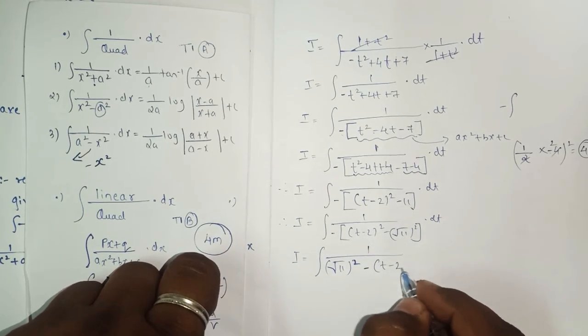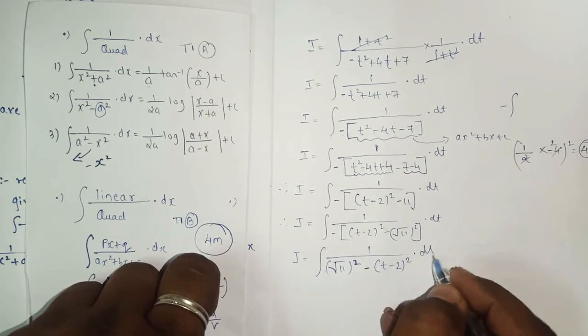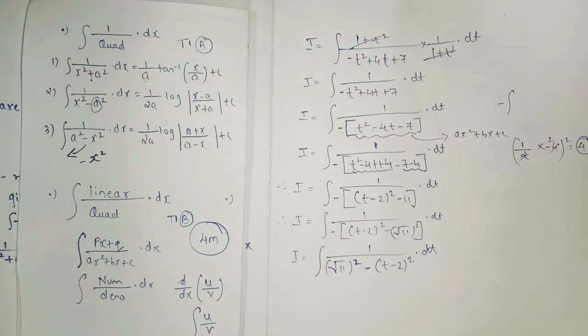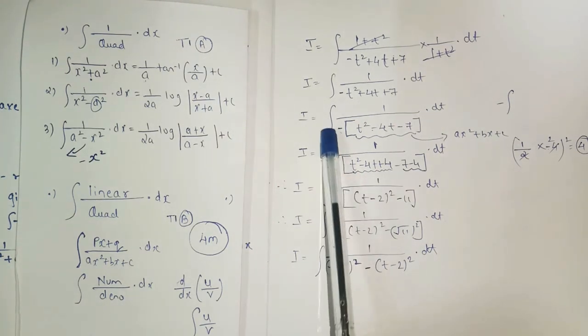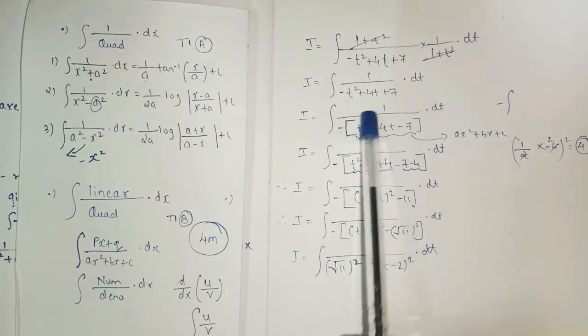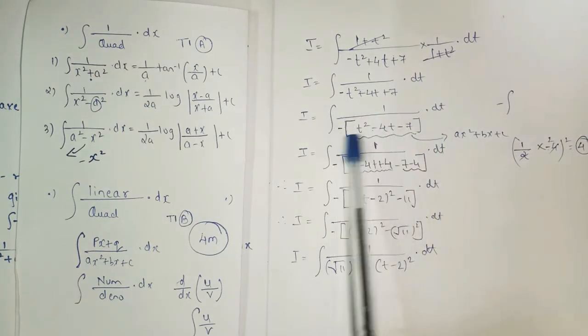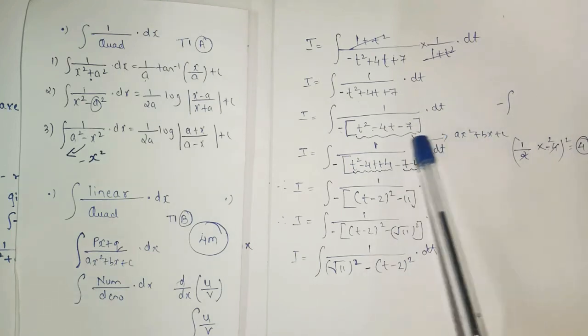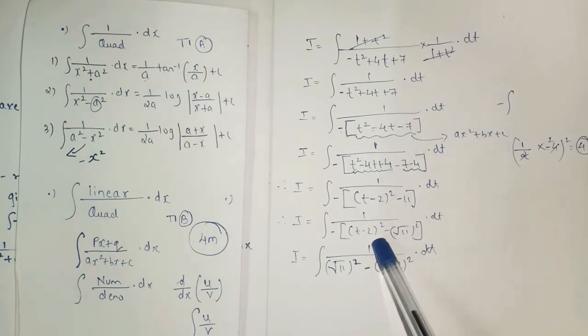Minus t minus 2 the whole square. I hope you all might be knowing, whenever the square term is negative, first you have to make the square term positive. You can remove this minus outside the integral, or else you can write in this form also. After this goes on solving this step.